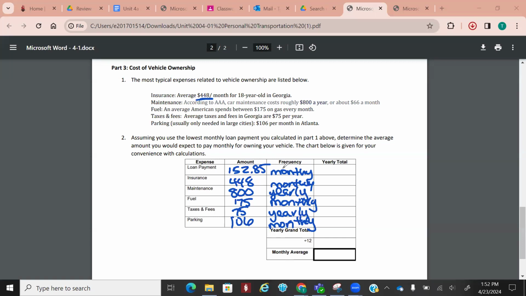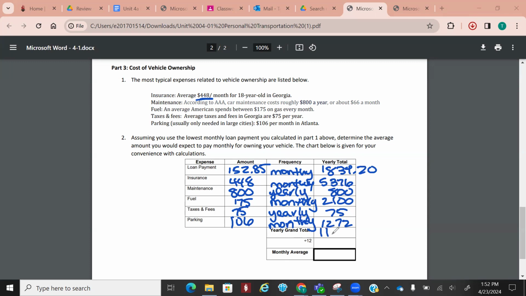This is going to be multiplied by 12 because it happens every month. So that's going to give me 1,834.20. The next one's going to be 5,376. Next one is 800. Then 2,100. And 75. Then 1,272. And we're going to add all those up.